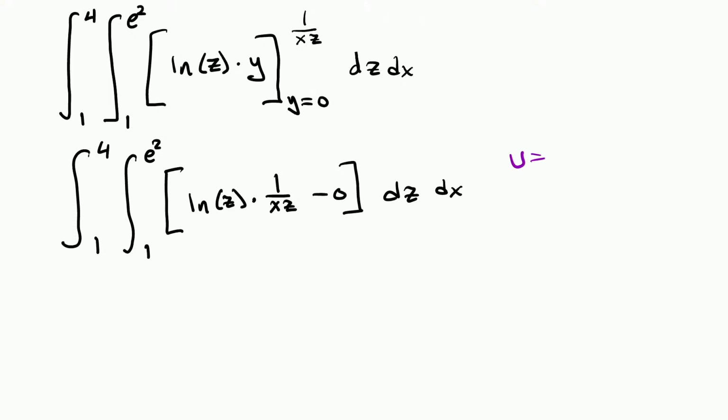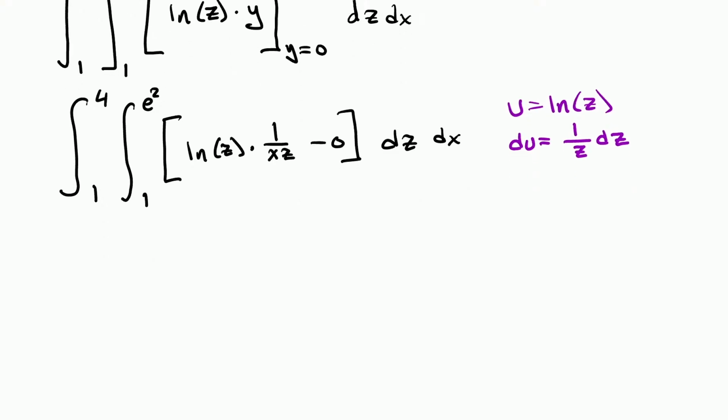Probably Ryan noticed what many of you did, and that is that the derivative of the natural log of z is 1 over z dz. And if you look closely, you'll see 1 over z times dz. So that's what we're going to do. Let me write this again, in purple, to show the work we're going to do.